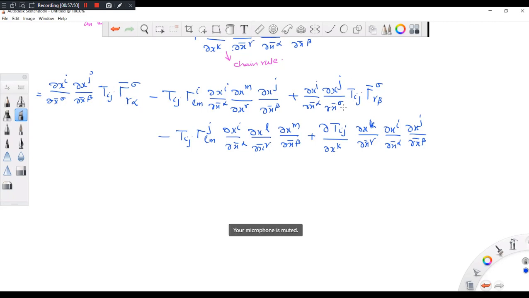I have another term here with the bar that you take to the left side, and whatever is coming, keep it on the right side, taking this as common. Then you will get the corresponding law of transformation for a tensor. Okay, so that bracketed quantity will be the covariant derivative of a covariant tensor of rank 2. Okay, so that way we will extend it.